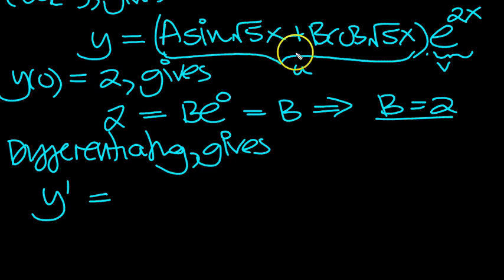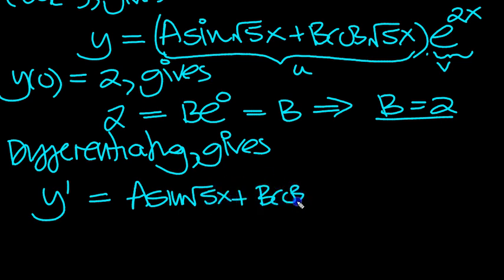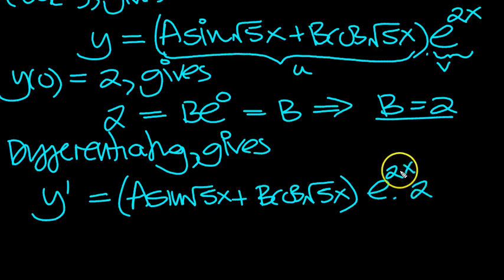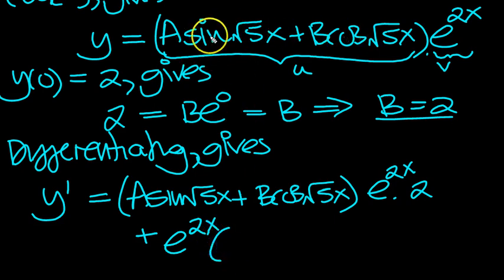So what have we got then? We've got u, which is this stuff, plus b cos root 5x, times the v dx, function of function rule: e to the something goes to e to the something, multiplied by the something differentiated, which 2x differentiates to 2. So that's u dv dx plus v, which is here, e to the 2x, times du dx. And we're going to differentiate term by term. Sine of something goes to cos.